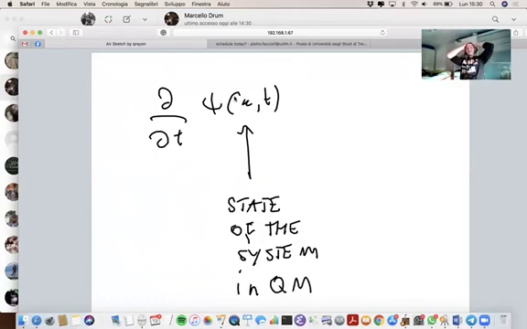Because remember, the state of the system in classical mechanics was a point in phase space, and Hamilton's equation could be written as the time derivative of the phase space vector equals something given the Hamiltonian. And in quantum mechanics, the time derivative of the wave function equals something that can be determined knowing the Hamiltonian. So a hint comes through, which we will deepen later on in these lectures, that the wave function is as close as it gets to the mathematical object that defines the state of the system in quantum mechanics.